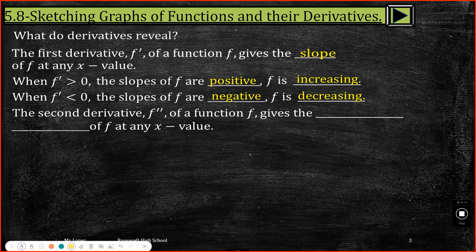The second derivative of f gives what of f at any x value? What is it missing?